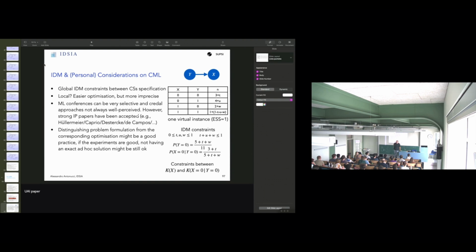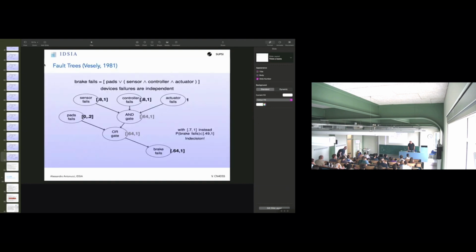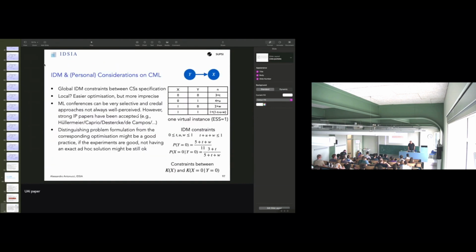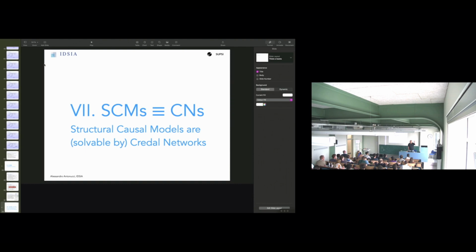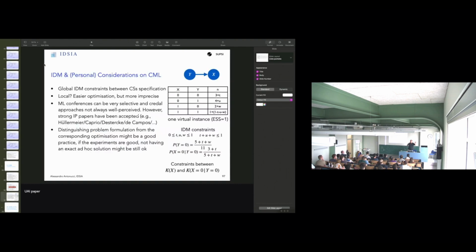I think we have this feeling that we always have to find the analytical exact solution of the optimization, while the machine learning community is not that focused. It's like, okay, we have a problem, we formulate the problem, and then the problem corresponds to an optimization.